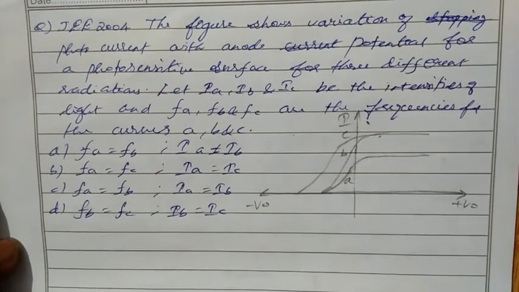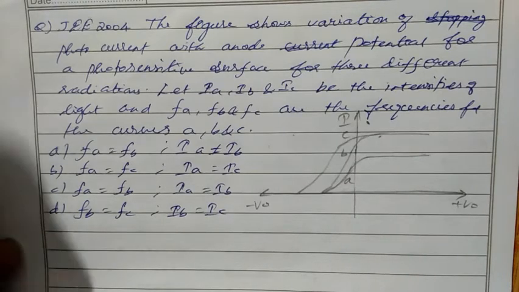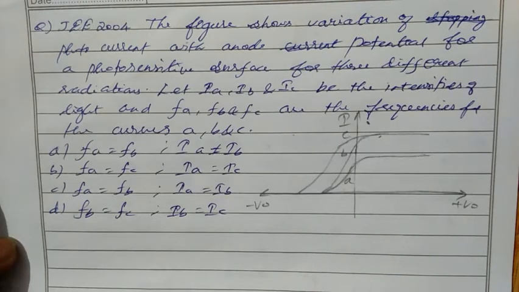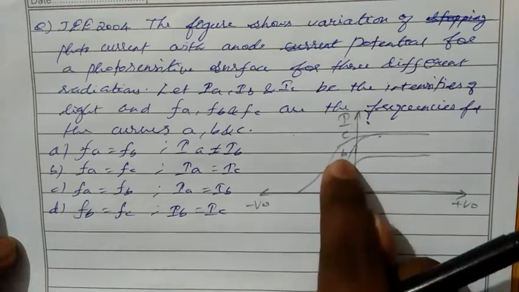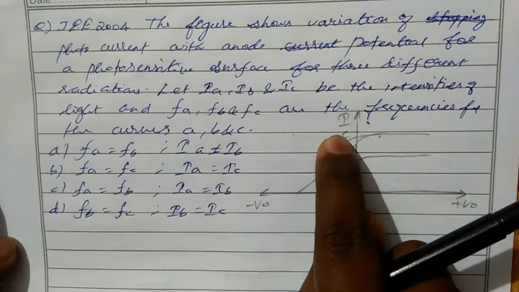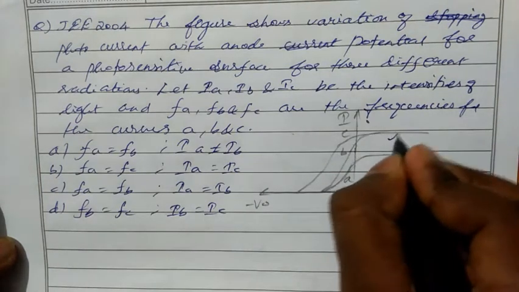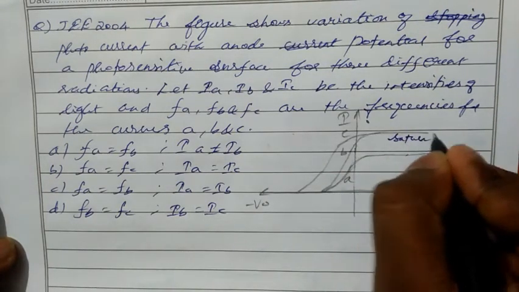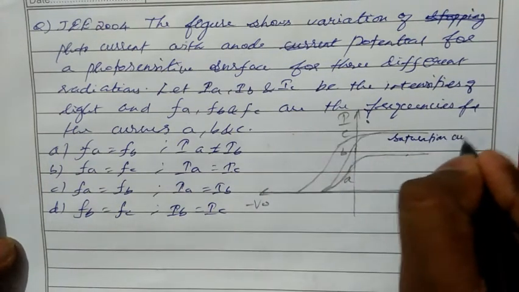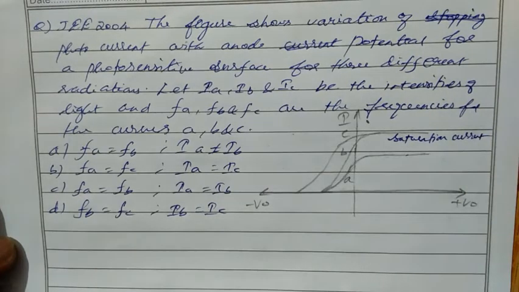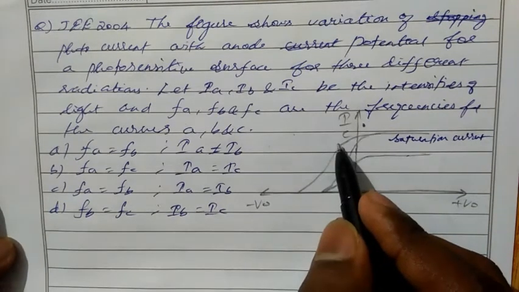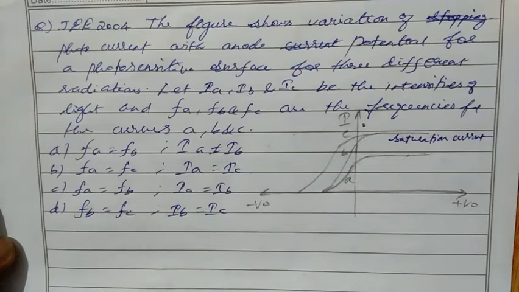Okay, so if you see the diagram, curves B and C have the same saturation current. This is the saturation current. So current is directly proportional to intensity, correct? So for 3 different intensities, B and C have the same photocurrent, same intensity.